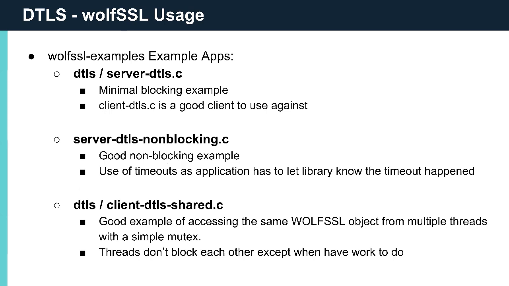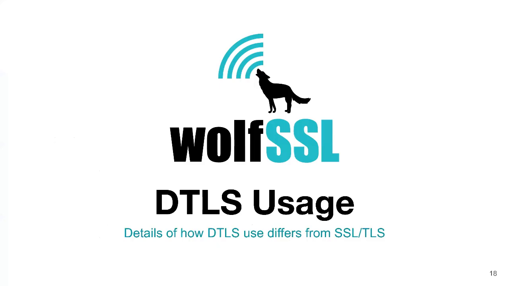It uses timeouts and shows you how to use those inside of an application. client-dtls-shared.c is an example that tries to use the same wolfSSL object from multiple different threads using mutex protection, so the threads don't block each other unless one is specifically trying to access that wolfSSL session. So that gives you an overview of DTLS.